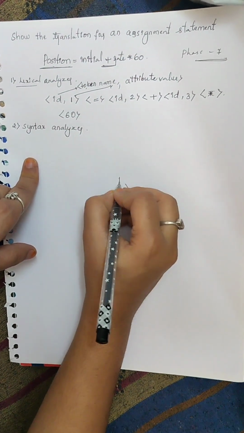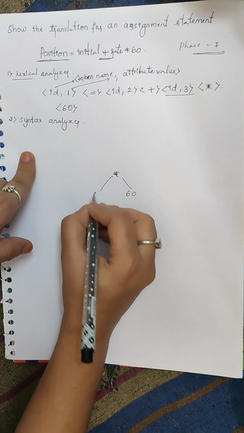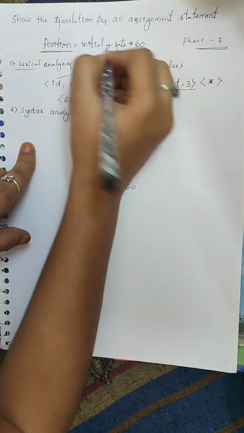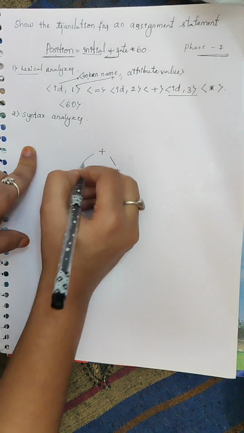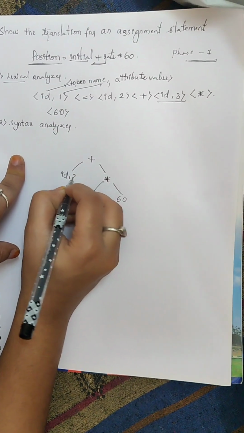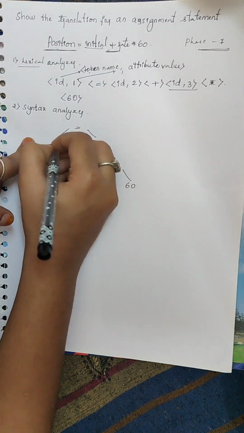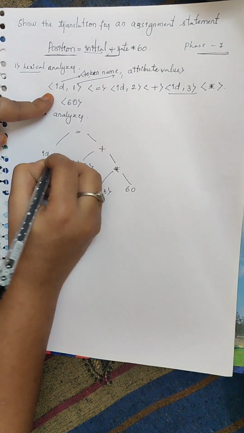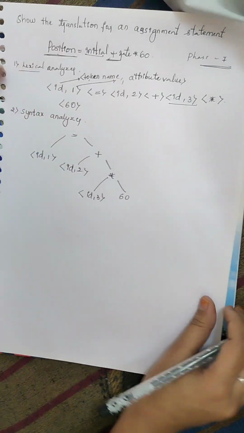Here rate is nothing but id,3. Later there is initial with a plus symbol. For initial we write id,2. Therefore we have the assignment, where position is nothing but id,1. This is the syntax analyzer.